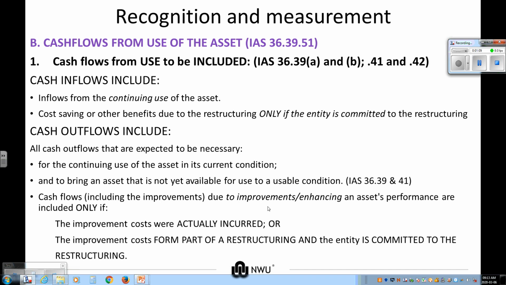Cash flows due to improvements or enhancing the asset's performance will only be included if they were actually incurred or if it forms part of a restructuring and the entity is committed to the restructuring.